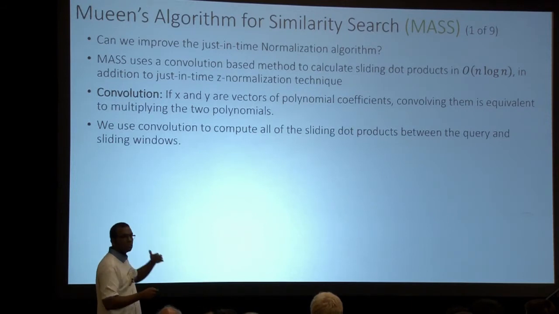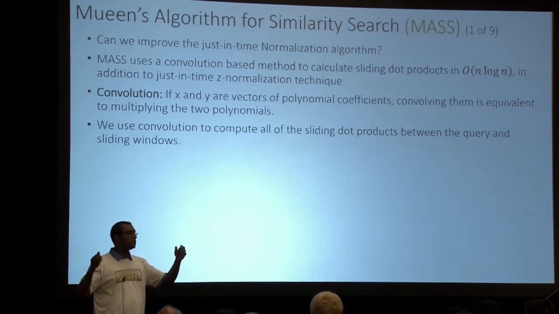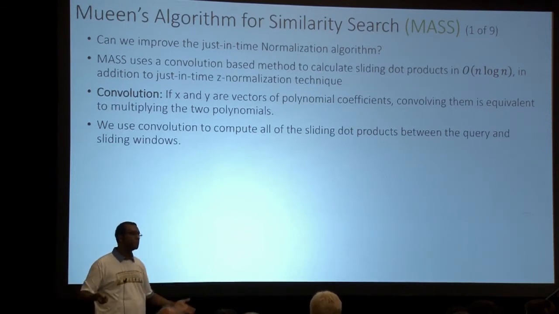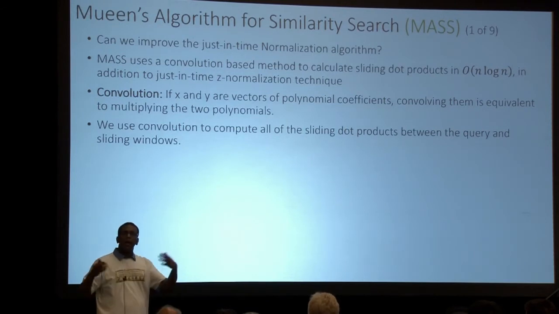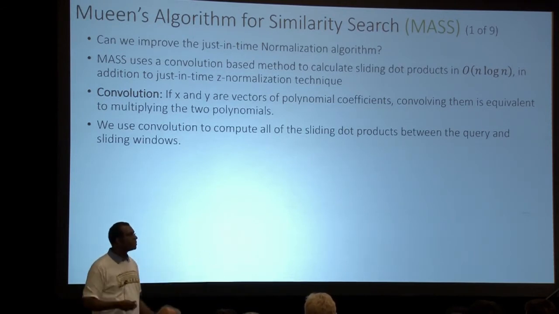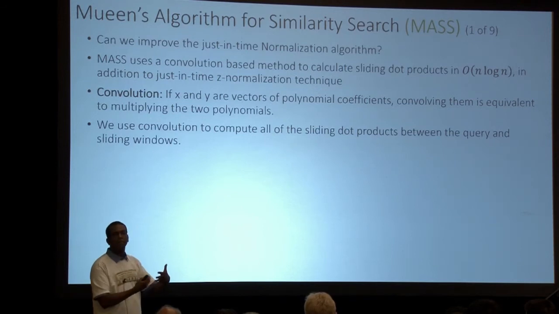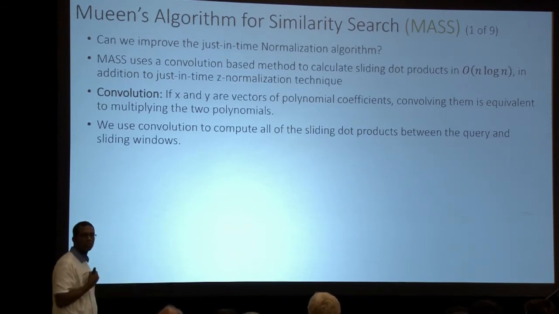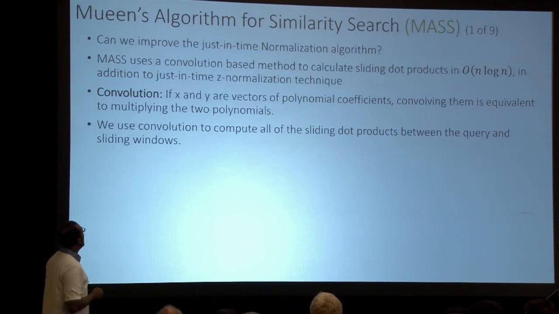The numbers in x are coefficients of a polynomial, and numbers in y are also coefficients of a polynomial, then convolving them means that you are multiplying those two polynomials. I'll show you an example shortly. And we will use convolution to calculate the dot product.